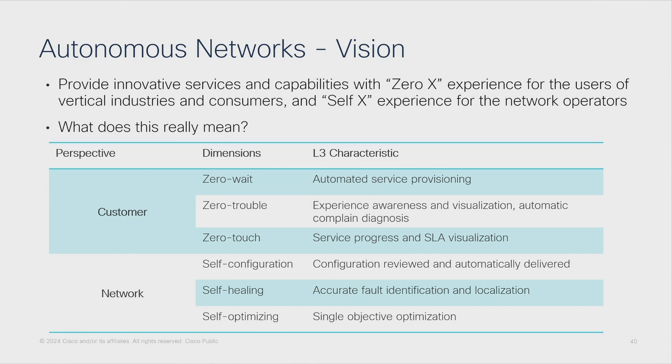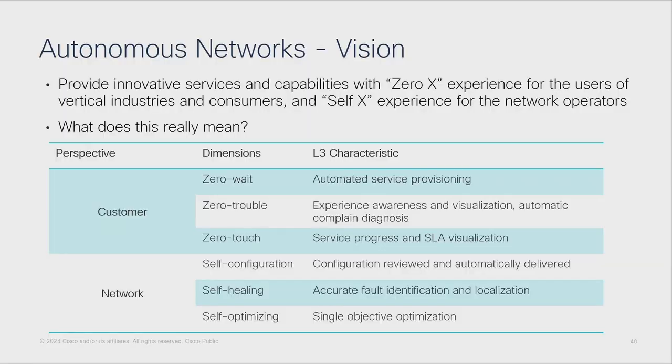And zero touch is basically the progress of the life cycle of the services in the network, and whether the services are meeting the service level agreements or not. Before moving forward, you probably noticed here at the top of our table we are speaking about L3 characteristics.